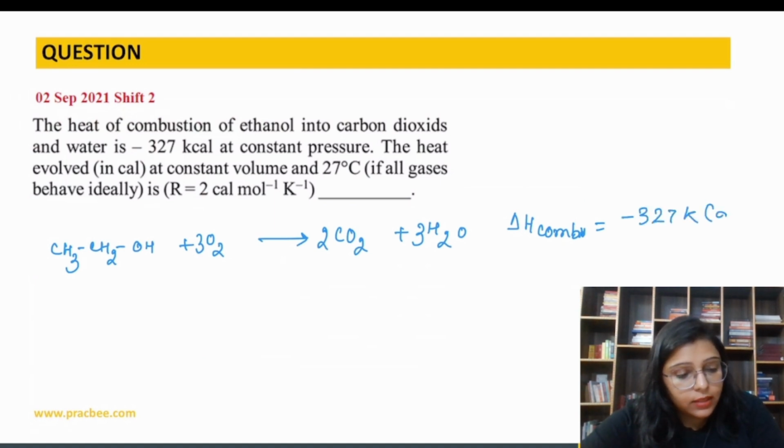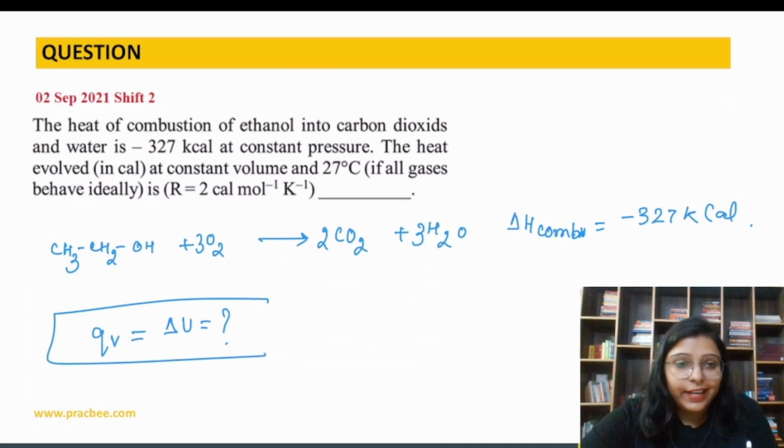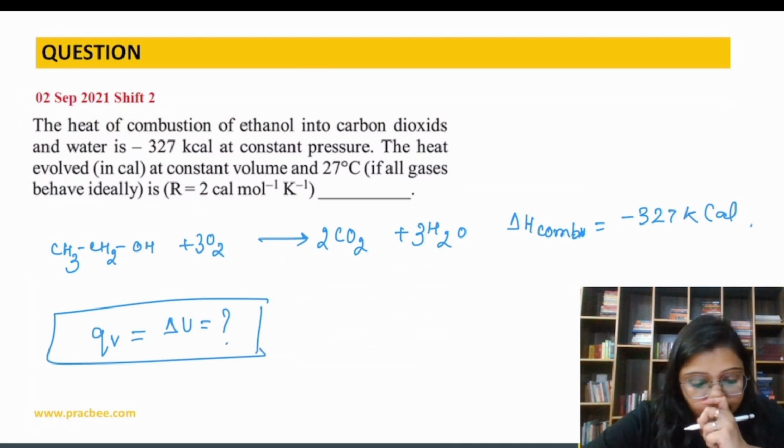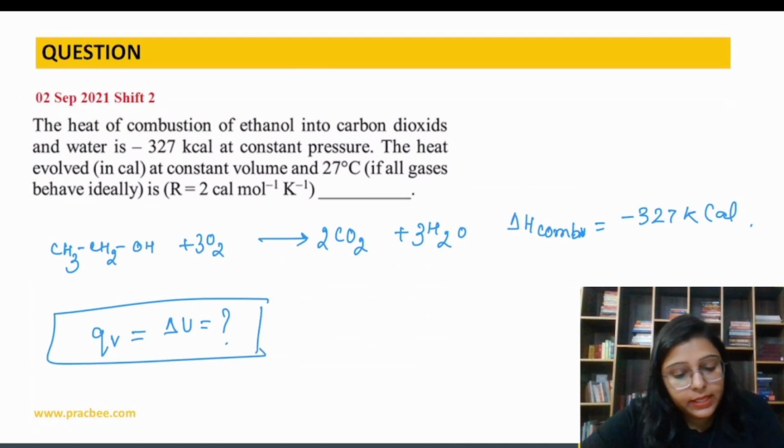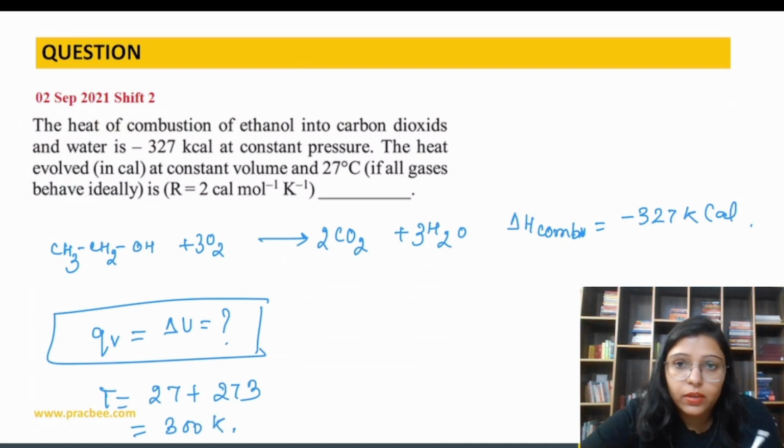So the heat of combustion, delta H of combustion, is minus 327 kilocalorie at constant pressure. So the heat evolved in calorie at constant volume, it means we have to find delta U, the internal energy change, at 27 degrees Celsius, temperature 27 plus 273, which is equal to 300 Kelvin.